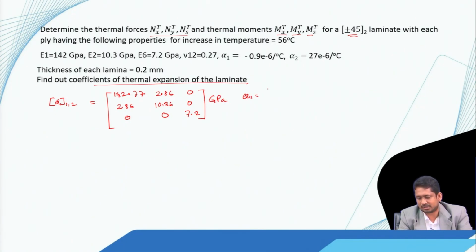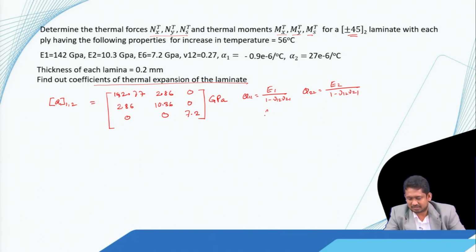So, we know that Q11 is equal to E1 by 1 minus nu12 nu21, Q22 is equal to E2 by 1 minus nu12 nu21, Q66 is G12, and Q12 is nu21 into Q11 or nu12 into Q22, and we also need to know nu21, and nu21 is nu12 into E2 by E1.